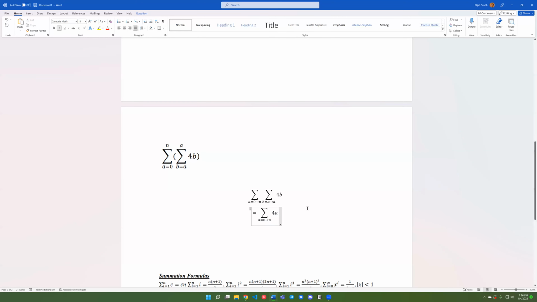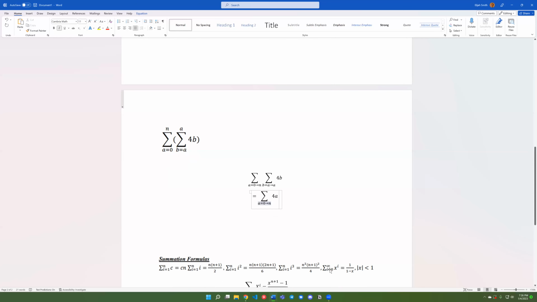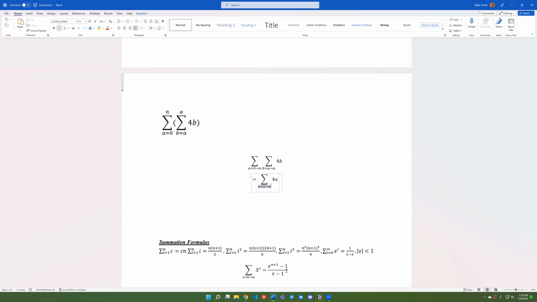Here's an important point to remember for summations. This summation that it gives us runs from 0 to n, but all of our formulas down here, barring 1, go from 1 to n. So this is a really important thing to keep in mind. If your formula tells you that you go from 1 to n, you can't just use the formula if it starts at 0.